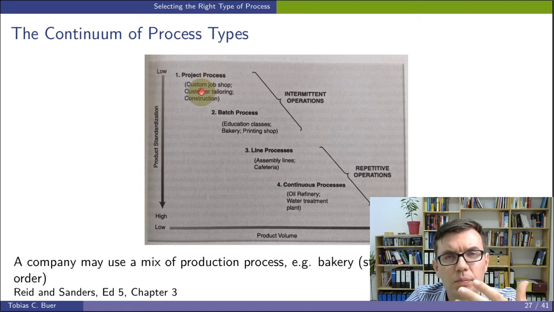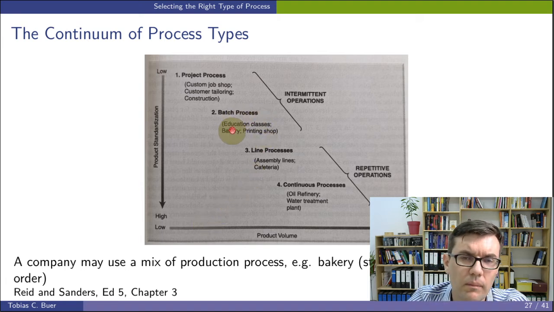We have a project because we only do it once, and therefore the degree of standardization is very low, and the output volume is also very low. An example of a project is, for example, introducing a new software system to manage the resources of a company.